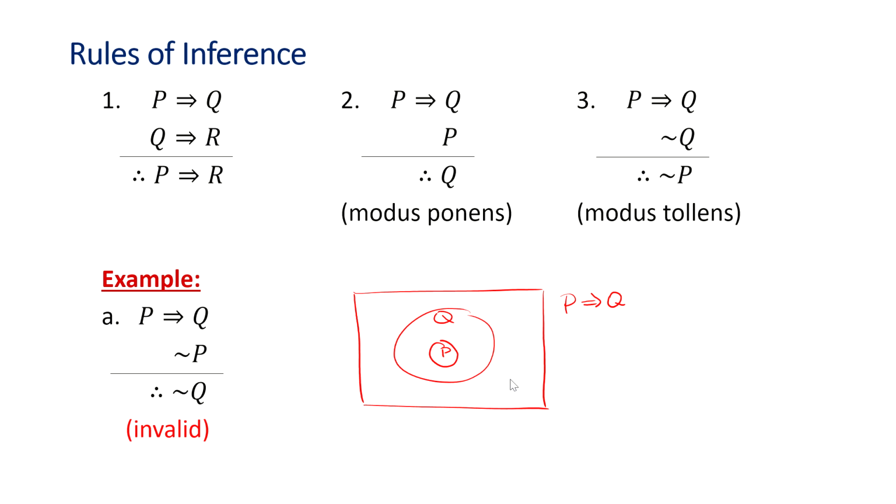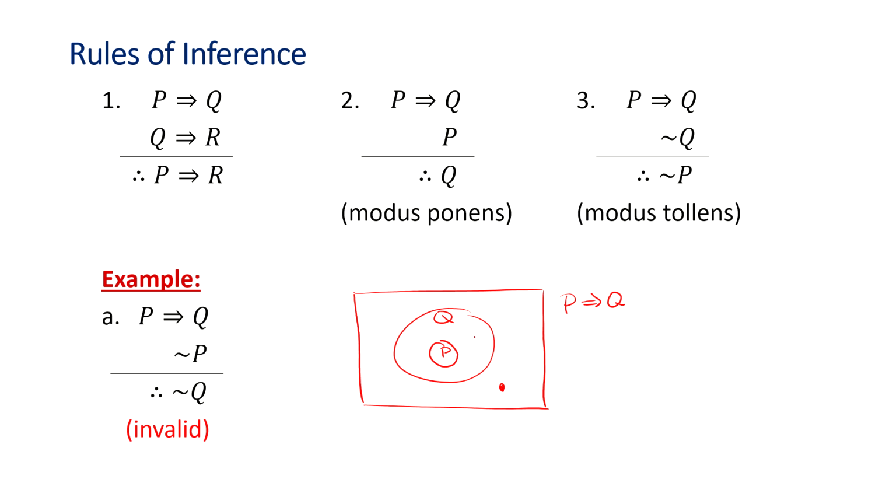Now remember what we know about sets. There are options. If we look at our example, somebody who's not in P could be out here, and if that's where you live, not in P, you're also not in Q. That would imply that this argument is valid. But take a second, look at that picture. Could you actually come to another conclusion? The answer is yes.